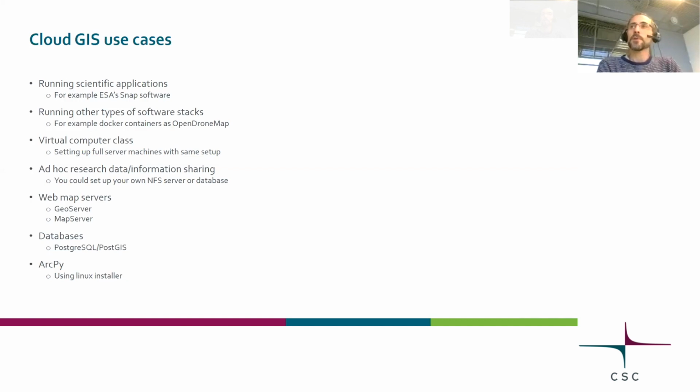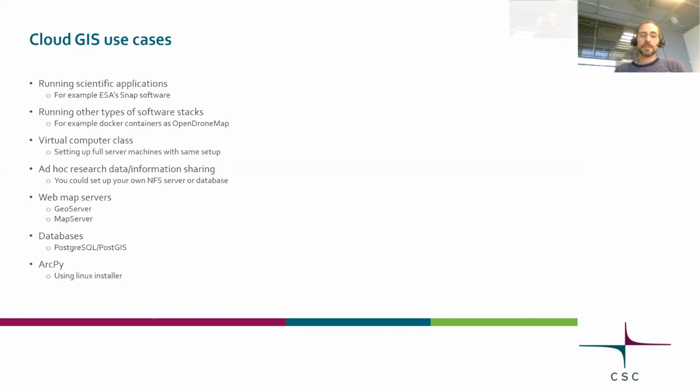Setting up computer classes with the same setup for all the students, for example, is something that is much easier to do in these cloud services. And web servers such as GeoServer or MapServer are definitely a better fit for this cloud than for a local computer or supercluster. And the same goes for databases such as PostGIS.